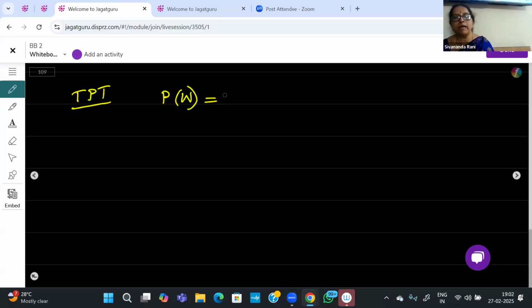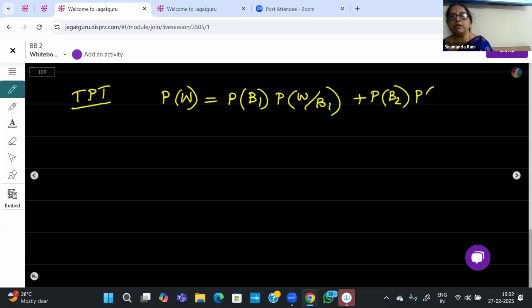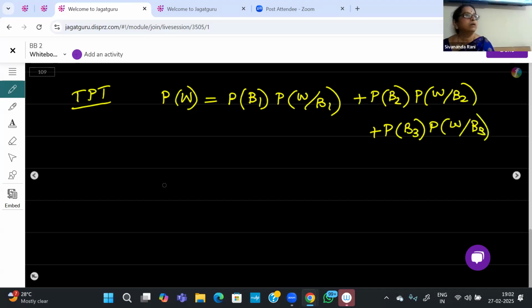The probability of getting the white ball will be the probability of choosing the first bag and then choosing white from it, or choosing bag 2 and then choosing white from it, or choosing bag 3 and choosing white from it. So these are the situations where your total probability theorem works.